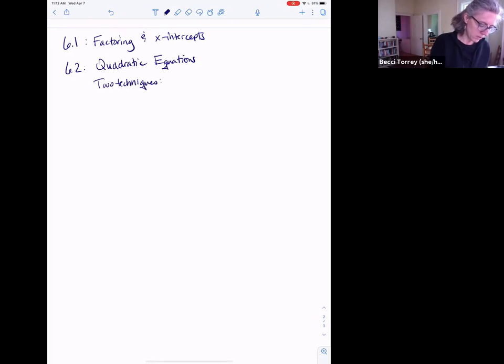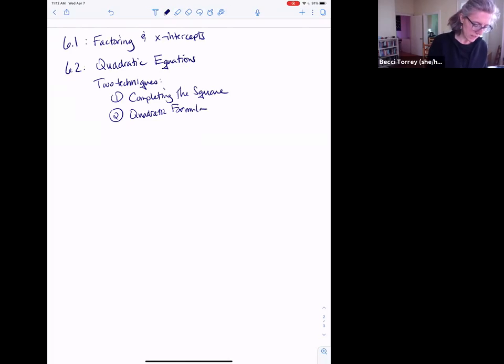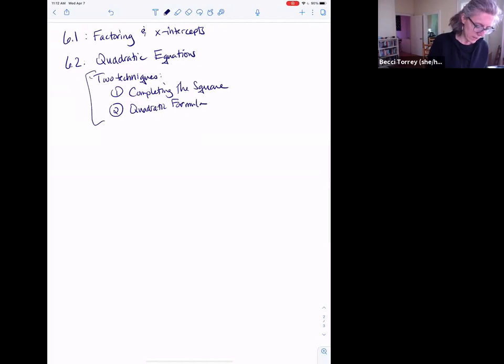One of them is called completing the square. And the other one is the quadratic formula. These are both techniques that solve the same problem as factoring.